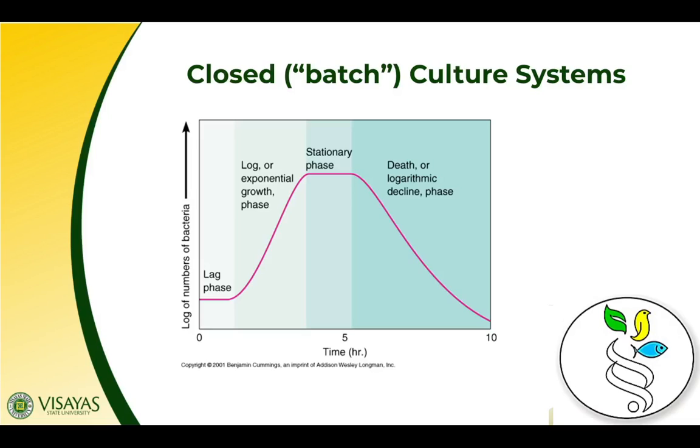Again, these are the four phases of microbial growth in a closed culture system: the lag phase or the adjustment period, the exponential phase or the logarithmic growth phase, the stationary phase, where there is no growth or the survival period of microorganisms, and the decline or logarithmic decline phase. The lag phase is a period of adjustment, no cell division, of course.